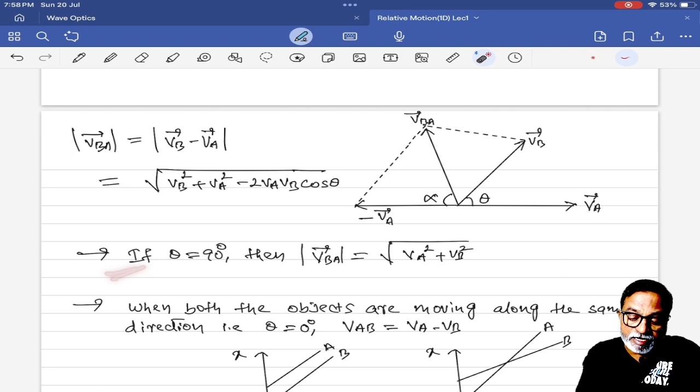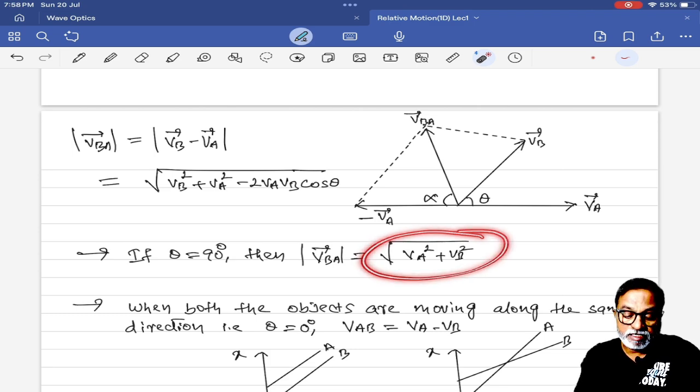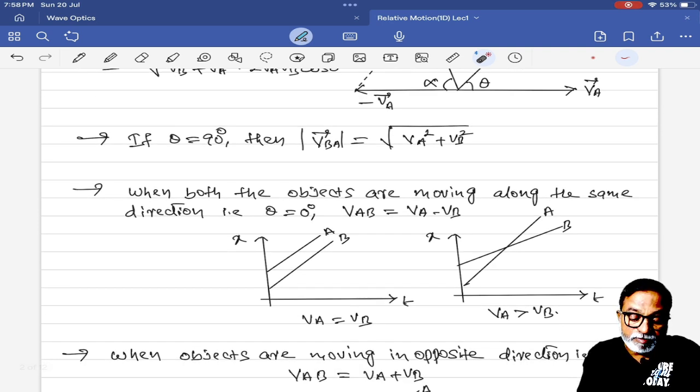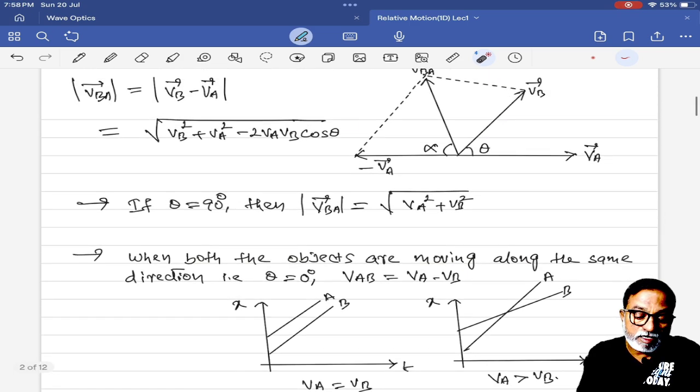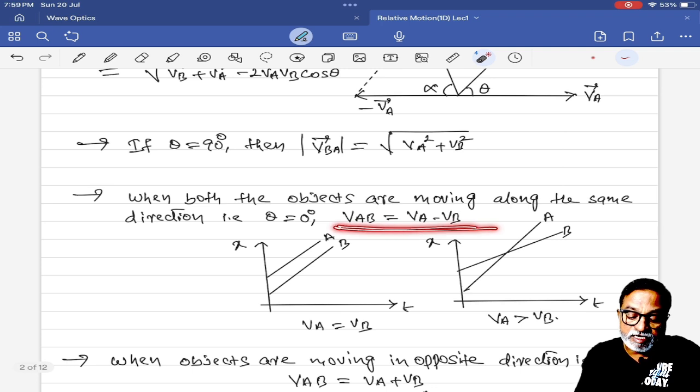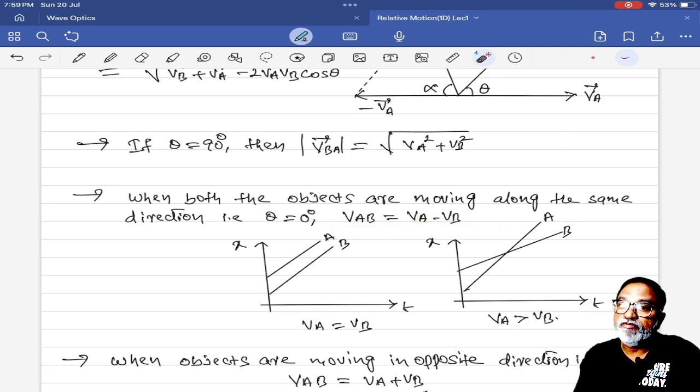For example, if theta is equal to 90 degrees, the magnitude of the resultant is square root of VA square plus VB square. When both objects are moving in the same direction, that is theta equal to 0, cos 0 is 1, so this becomes VAB equal to the square root of (VA minus VB) whole square, which is VA minus VB.